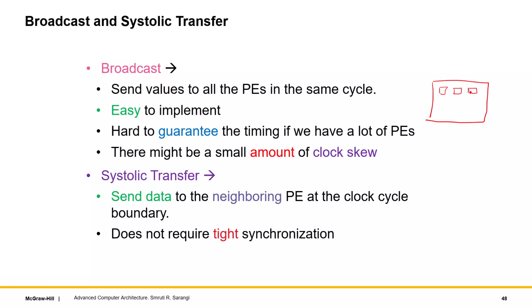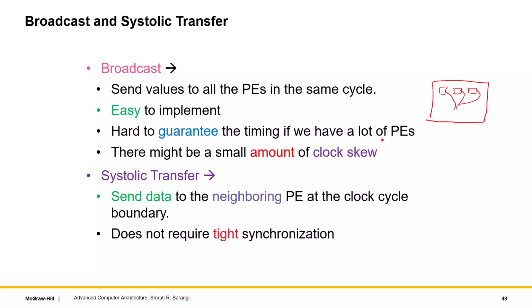Needless to say, it is easy to implement, but it's quite hard to guarantee good timing, because it's a large accelerator and you need to ensure that the data reaches all the P's at the same point of time, and that is going to be hard.